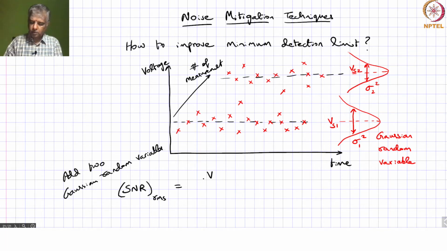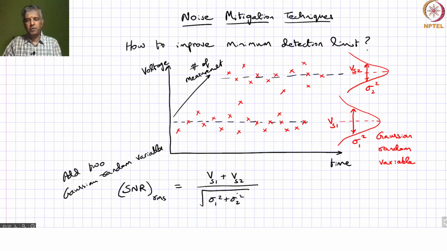That's what we are doing, and what we get in this case is Vs1 plus Vs2, the means add, and when it comes to the variance part, the variances add, sigma 1 square plus sigma 2 square, but since we are defining everything with respect to the RMS value, you have to take a root of that.